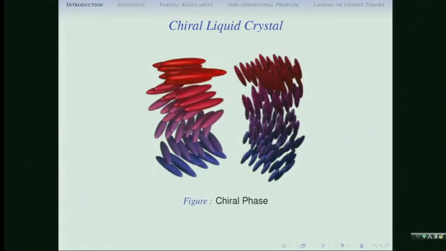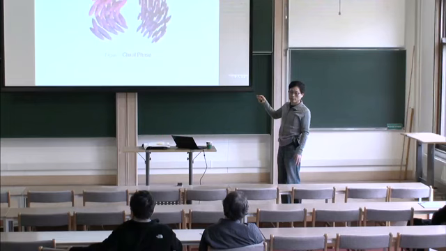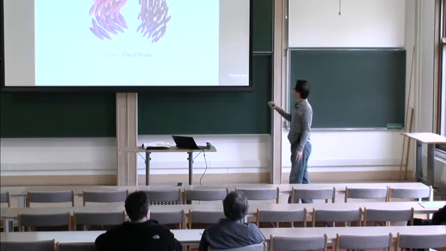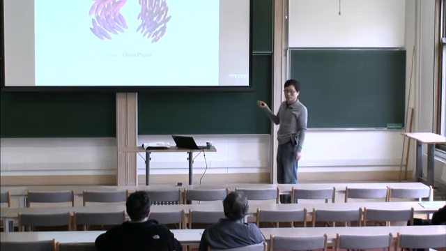So there are other phases which are called chiral phases. In this case, this is the chiral nematic, and this is actually the chiral smectic phase. What this one is, when you start from the bottom surface, molecules align in all these directions, but when you go along the z direction, the molecules kind of rotate around the z-axis. This is the chiral nematic, and then this next one is chiral smectic.